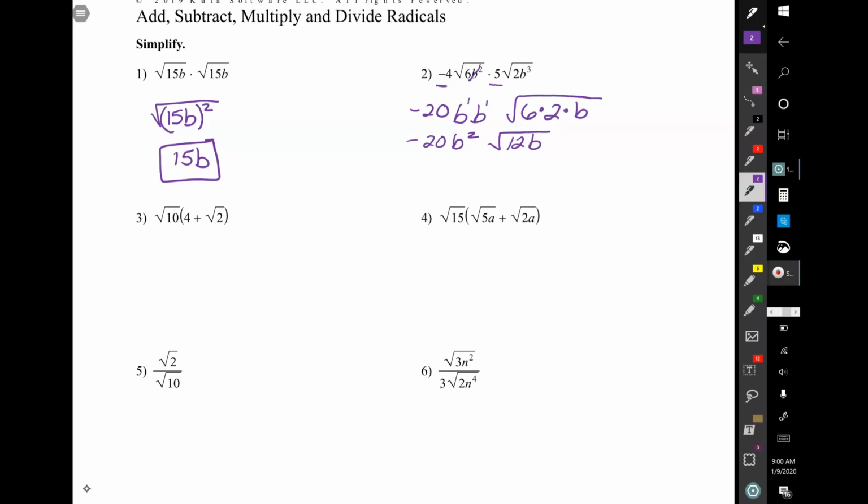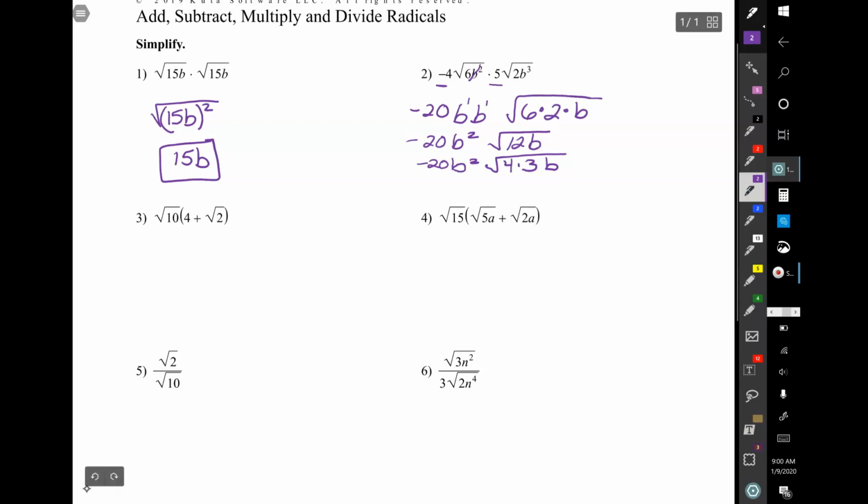So -20b squared is outside, and this square root of 12b, 12 could be broken down further. So I'm just going to carry everything else down, and I'm going to write down the 12 as 4 times 3, and then I still have the b all under the square root. But I can take out that square root of 4 as 2 and multiply it by the 20 outside here.